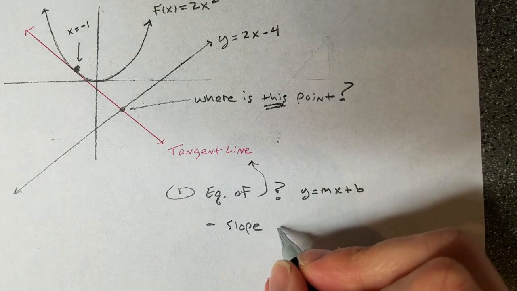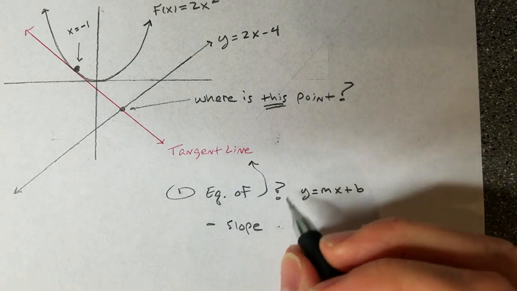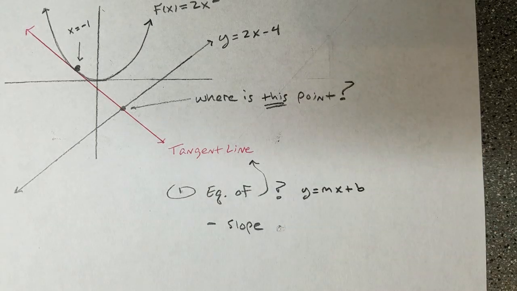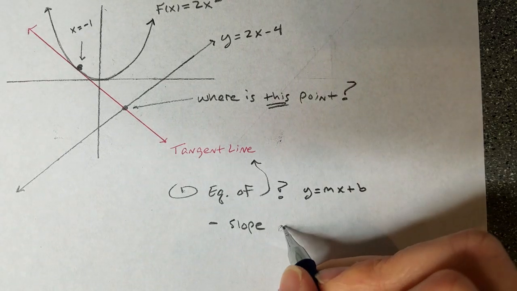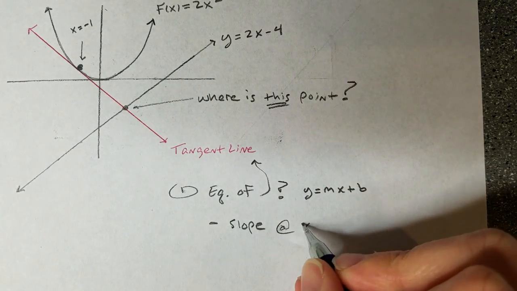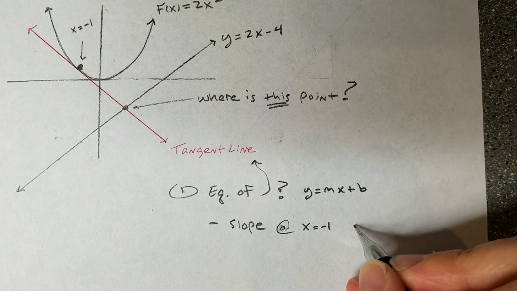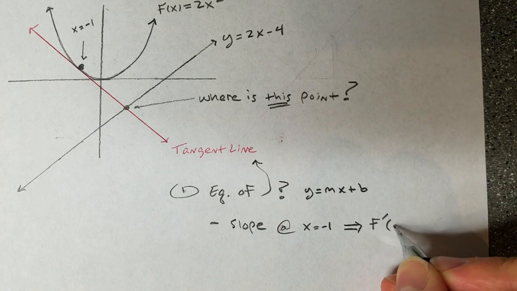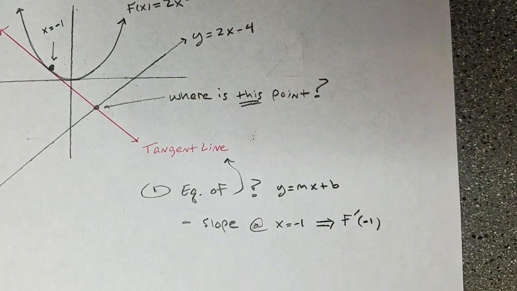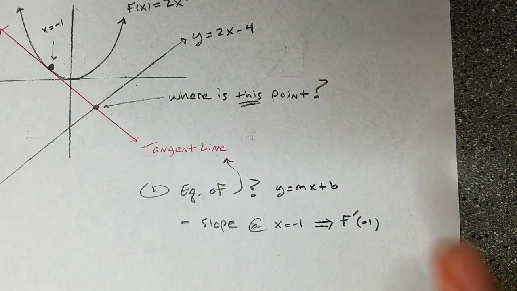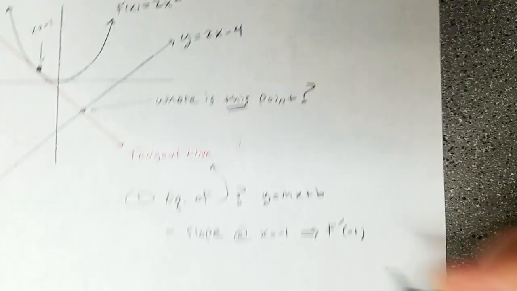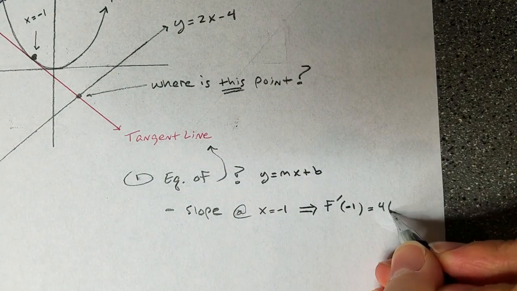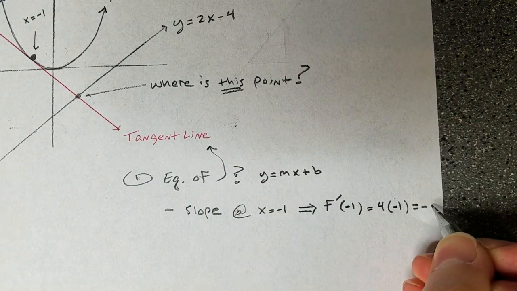So the slope at the point where x is equal to -1 is going to be f prime of -1. Okay, and then f prime is 4x, so that'll be 4 times -1 or -4.